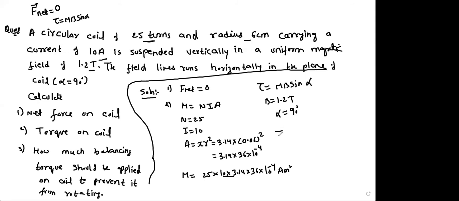If I substitute all values here, that's 250 into 3.14 into 36 into 10 raised to the power minus 4 ampere meter square, which is M, into B, which is 1.2, into sine 90. So this much of Newton meter is torque.